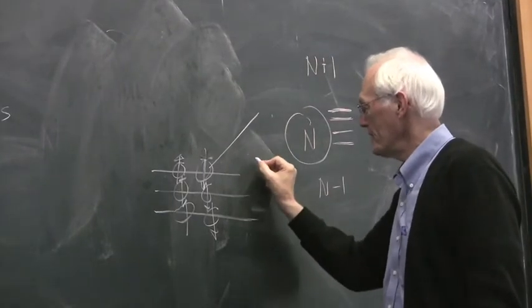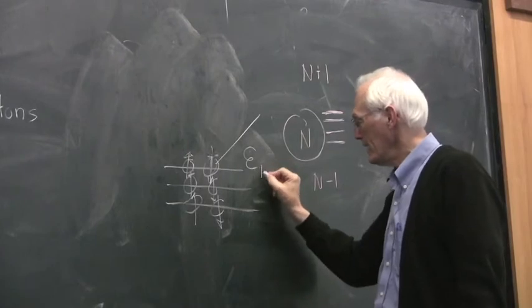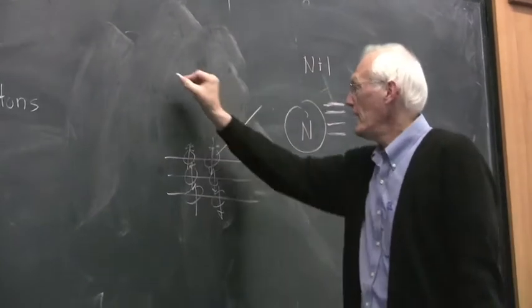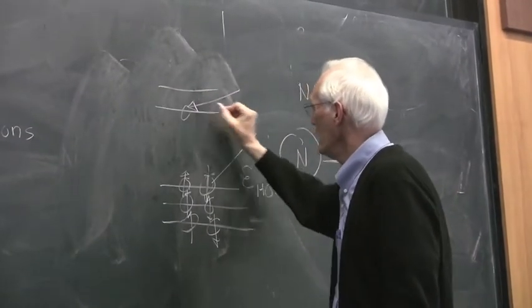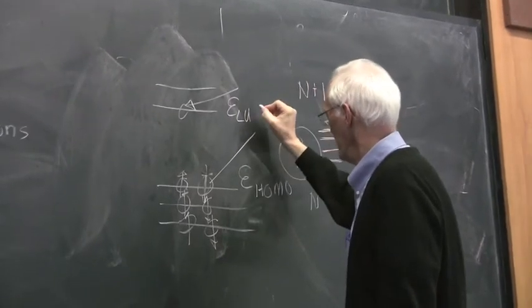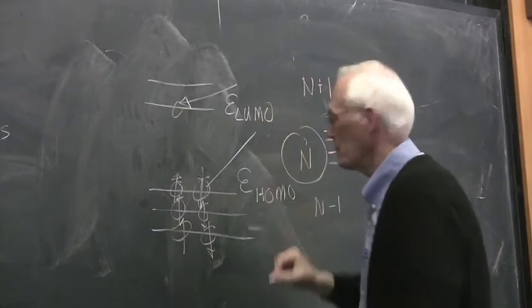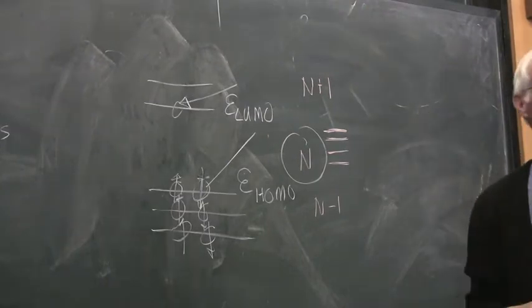The energy difference is just the eigenvalue for this highest occupied molecular orbital. And we have these empty states. If we put one in, it would be the eigenvalue for the lowest unoccupied molecular orbital, and say, take the difference.